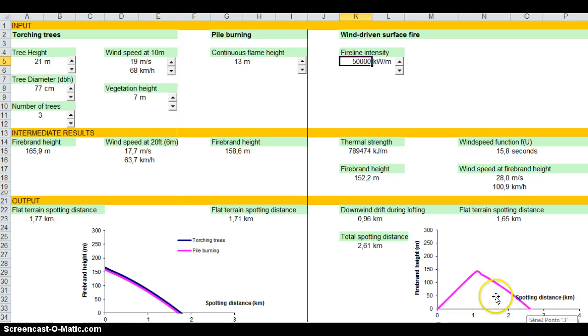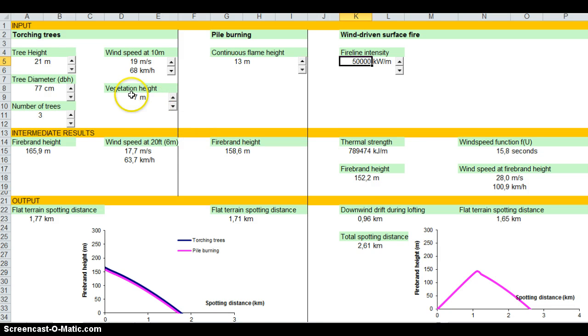And that part of the curve is quite similar to that one. And then the total spotting distance he computes as the sum of the two. So 0.96 during lofting, 1.65 during descent, and the total is 2.61 kilometers for this very intense fire.